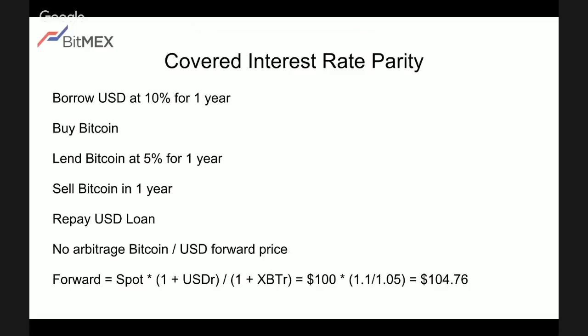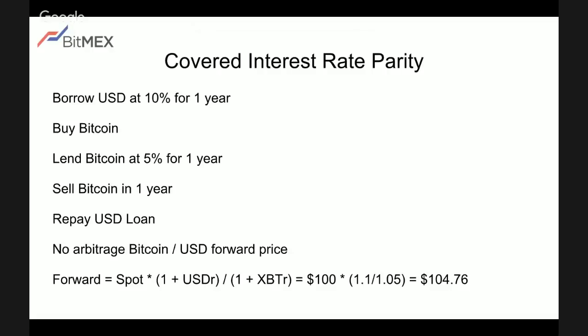You can Wikipedia this later, but I've summarized the basic flow of cash flow on this slide. Covered interest rate parity is a relationship that describes the lending and borrowing rates of two currencies, their spot value, i.e. the value right now for delivery, and the value in the future for delivery, and how these things interact.